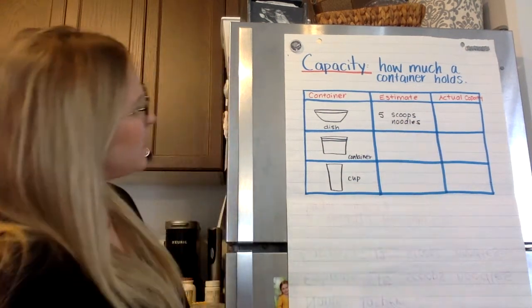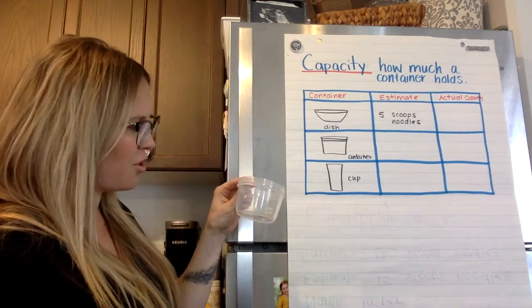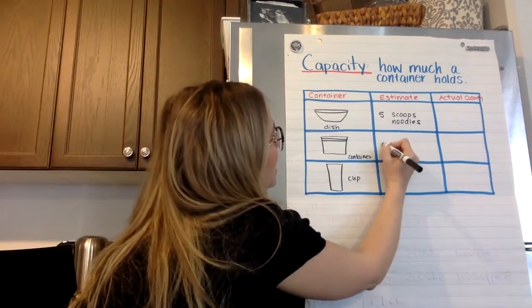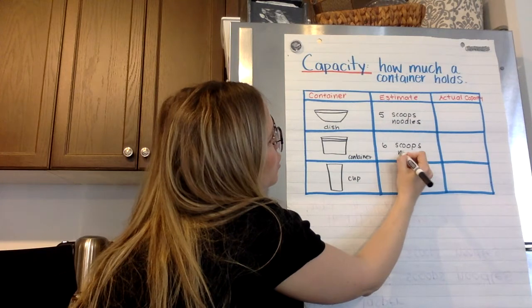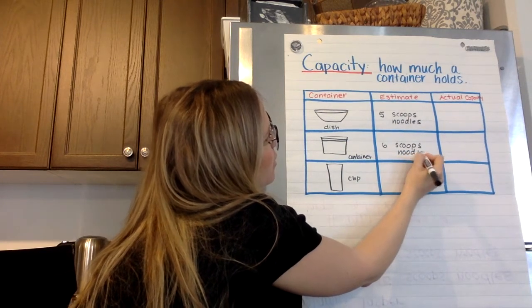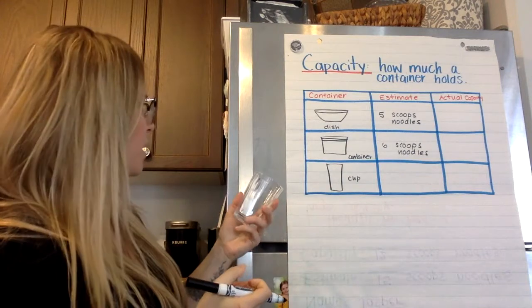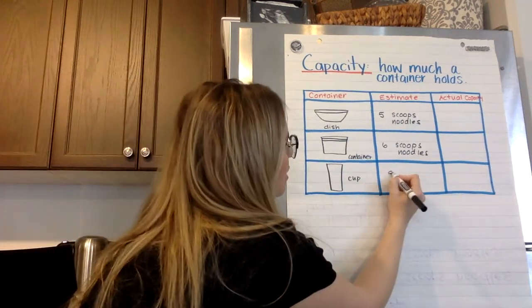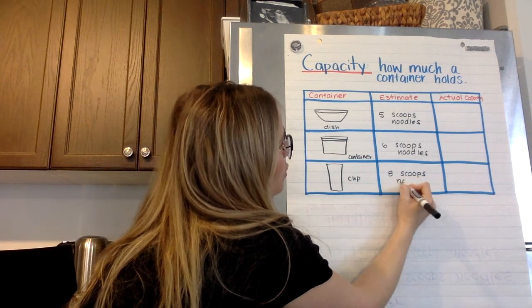Okay, and so I'm going to estimate that the next size up container holds, let's say 6 scoops of noodles. And my cup, I'm going to estimate that it holds 8 scoops of noodles.